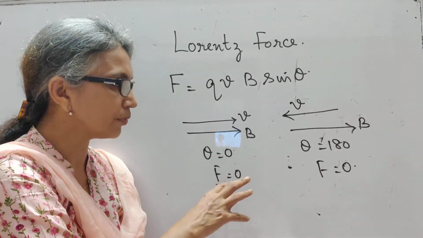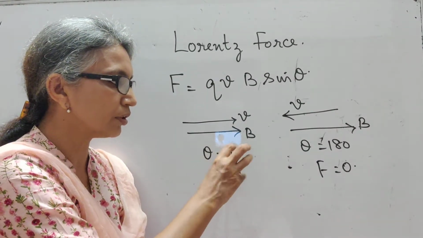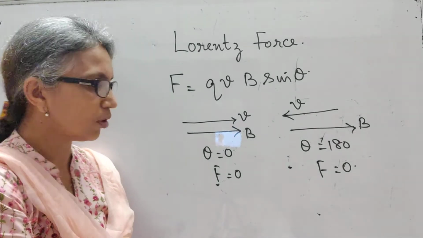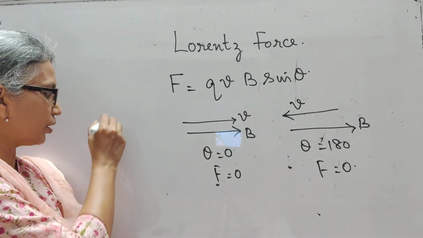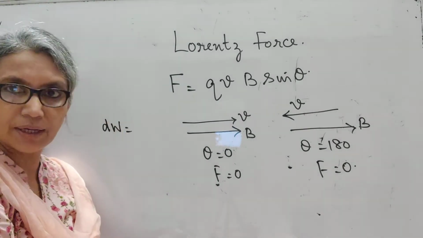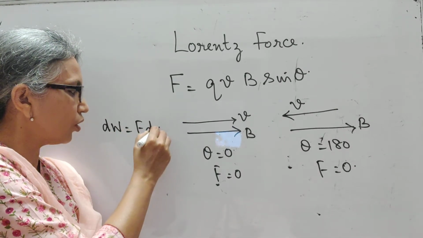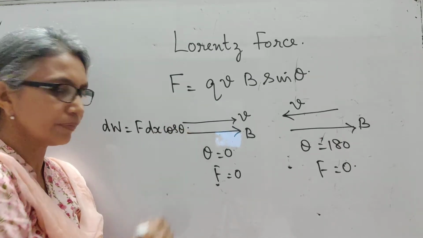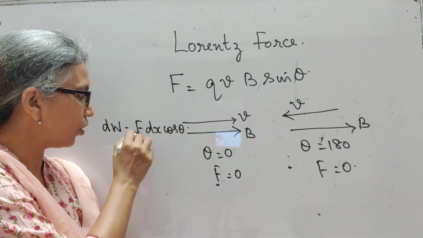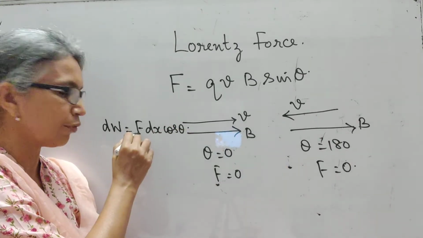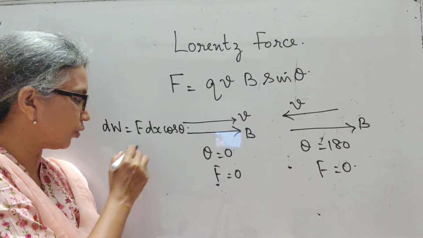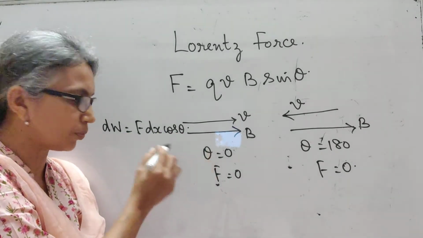Now that means there is an important understanding from this. What is work done for you? Small work done by the magnetic field is F dx cos theta. Okay. In both these cases F is 0. If F is 0, whether cos 0 or cos 180, don't bother.